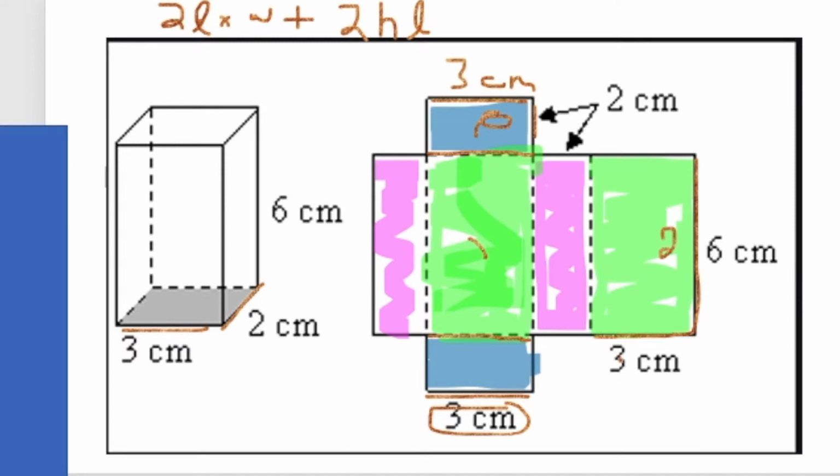Now, looking here, this part right here, that's the width times the height. So I go 2 times the width times the height because I have 2 pink sections here, right? So this is my formula for the surface area of the rectangular prism, right?